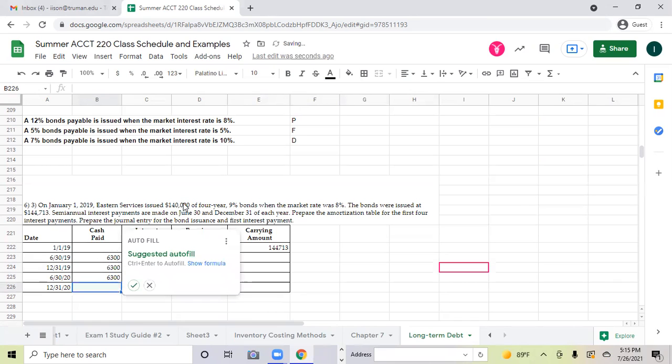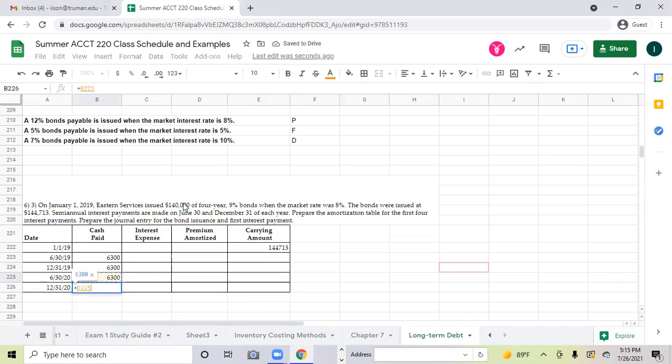That's how bonds work here in the United States: we pay interest every 6 months, and typically we don't pay any principal on these types of corporate bonds. So we're just paying $6,300, $6,300, $6,300, which is the stated rate, the 9%, divided by 2 to make it semi-annual, multiplied by the face value.